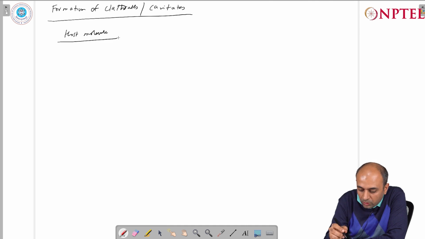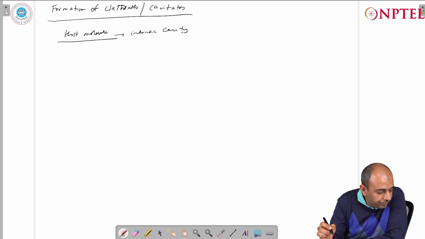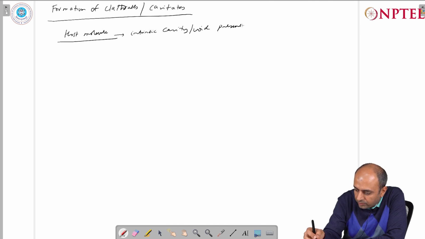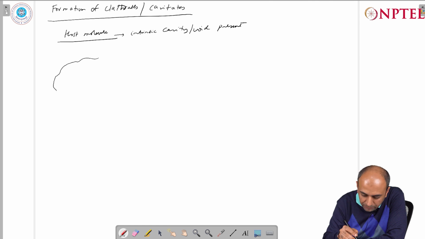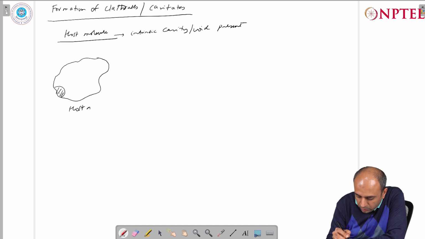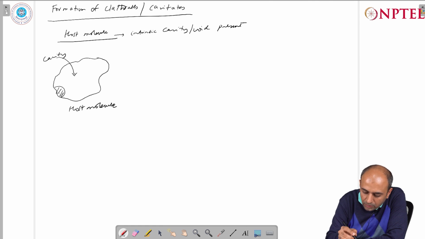Now, the host molecule can have an intrinsic cavity associated with it, an intrinsic cavity or void present. So, let us consider, for example, this is the host molecule and this is the cavity which is present.